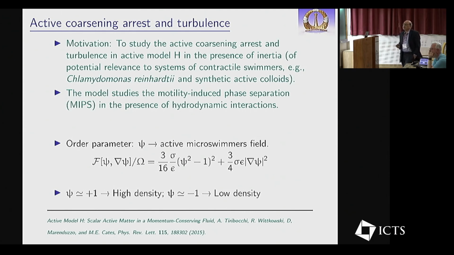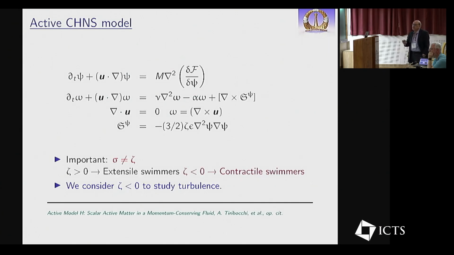Now I'm thinking of psi as a concentration of active microswimmers, and this was a model that was introduced in this paper here for so-called motility-induced phase separation. I mean, don't look at all the details, but there is an extra stress term here with the coefficient zeta or epsilon.